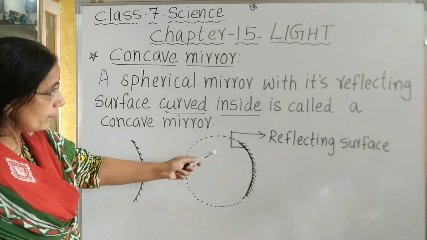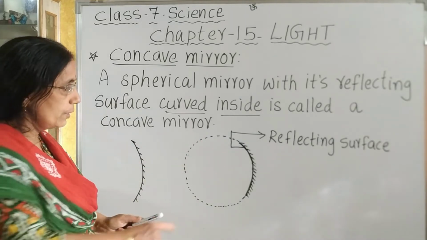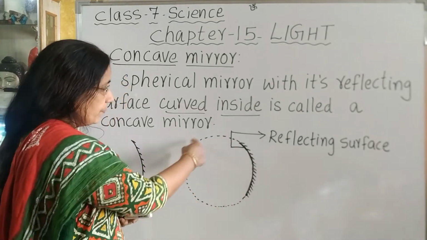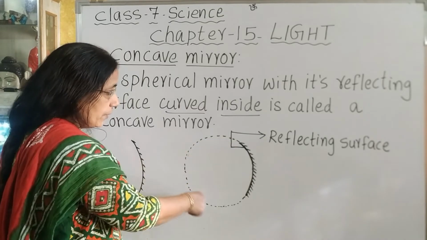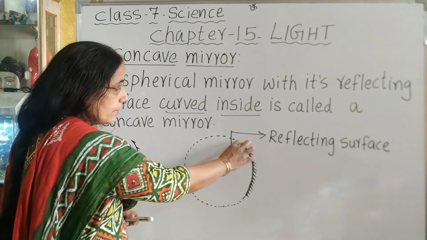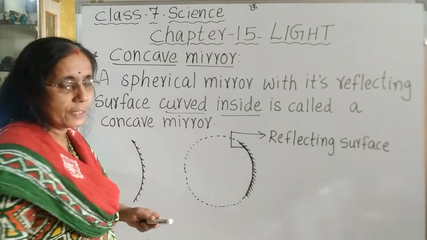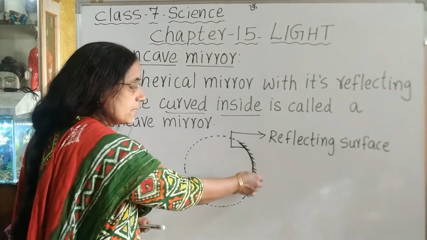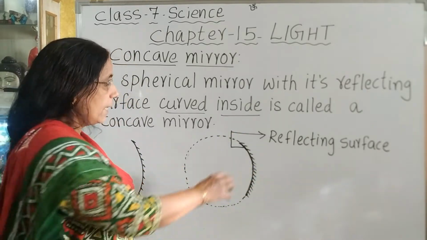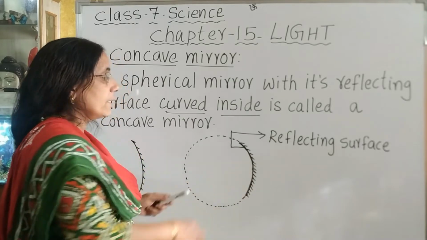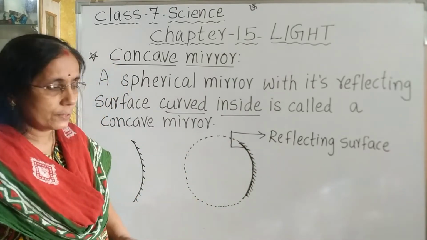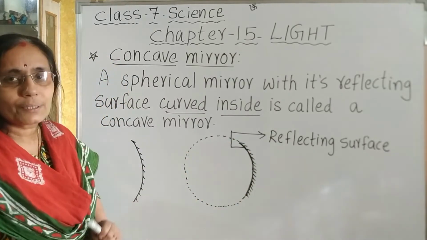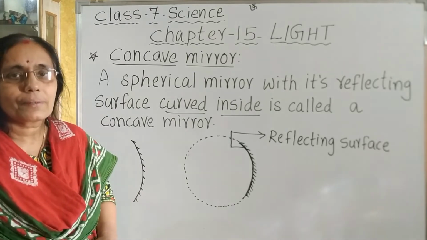As I told you, it is a part of a sphere. If we try to complete the sphere, we get a sphere like this. Out of that, a small portion is considered and its outer side is silvered, that is colored, and the inner side is taken as the reflecting surface. So, this is the diagrammatic representation of a concave mirror.